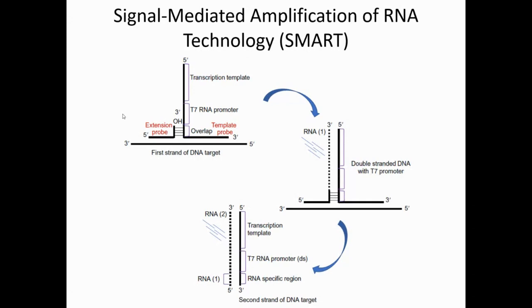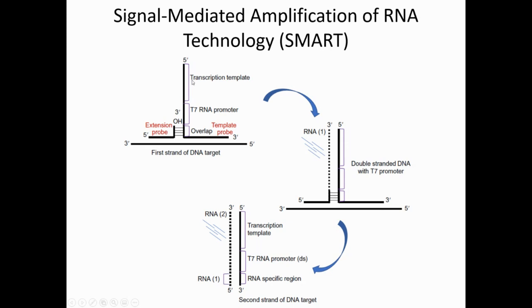And then another one is called signal-mediated amplification of RNA technology, called SMART. SMART is based on the formation of a three-way junction structure, like here.